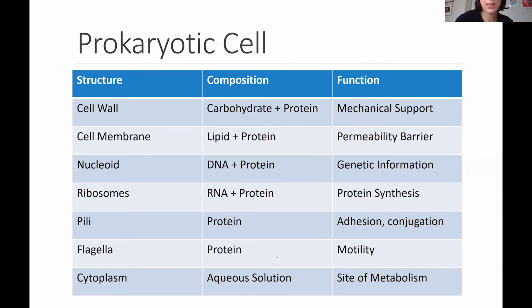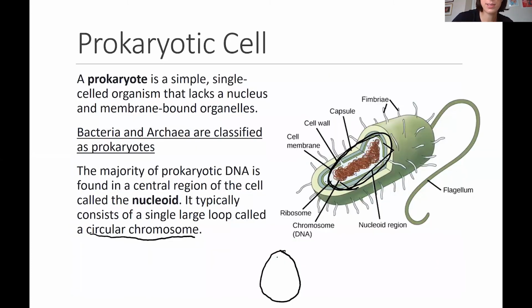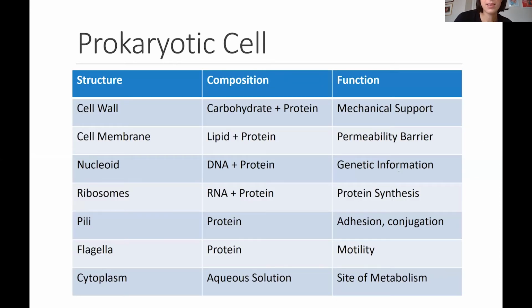Pili help with adhesion to things. So they sometimes look like small pieces along the outside of the bacteria, and I'll show you that on this picture. You can see these little pieces coming off of the exterior of the cell are a type of pili.